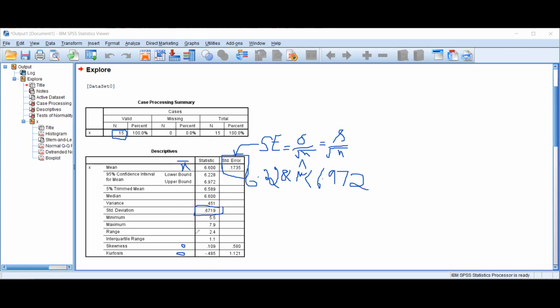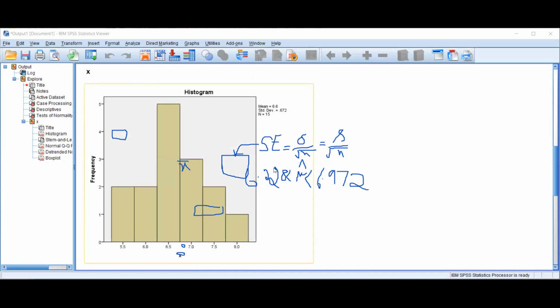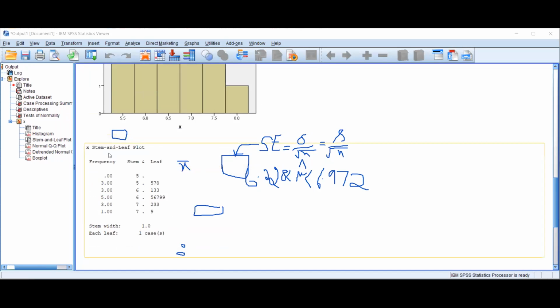Now we are interested to check the normality. Normality can be checked by histogram or by some other graph.